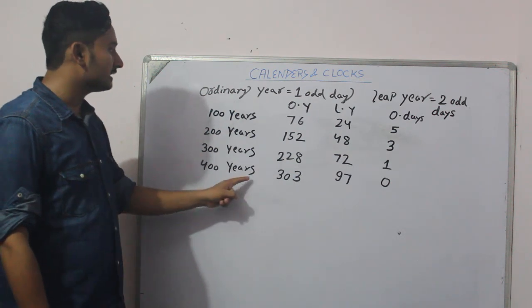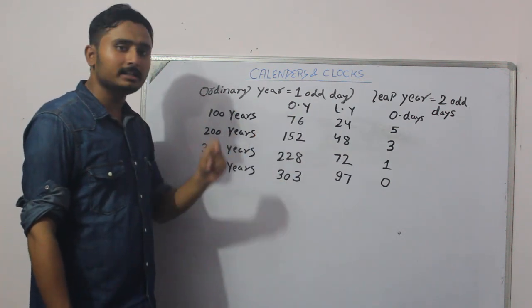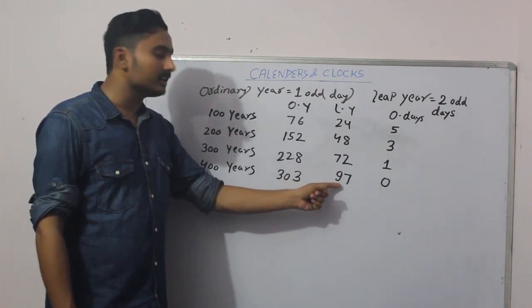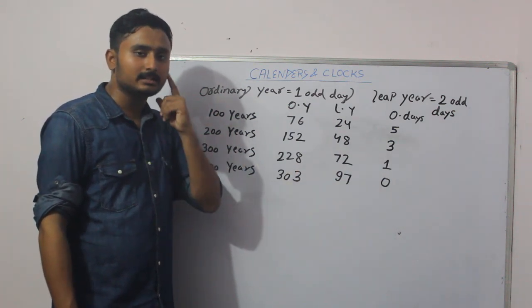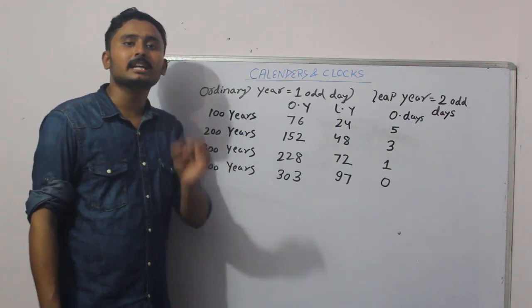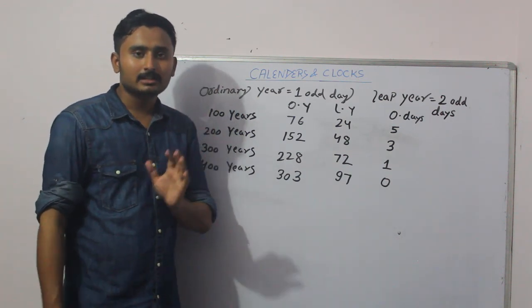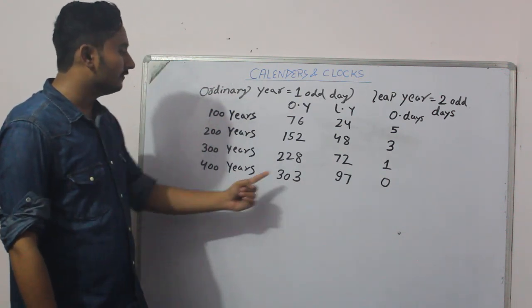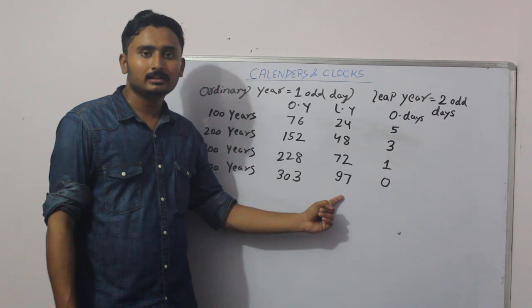In 400 years we have 303 ordinary years and 97 leap years. There is one extra leap year counted here because our calendar repeats itself after every 400 years.